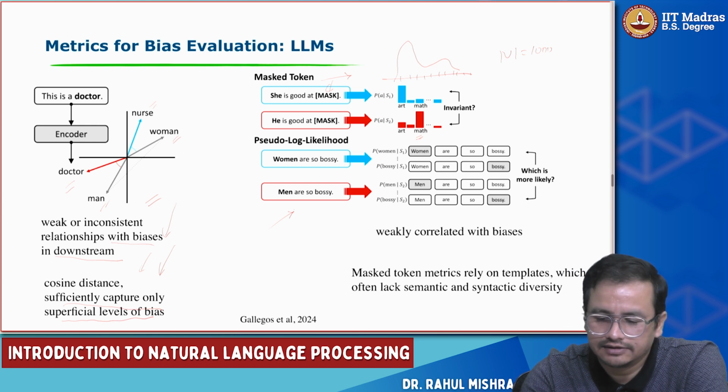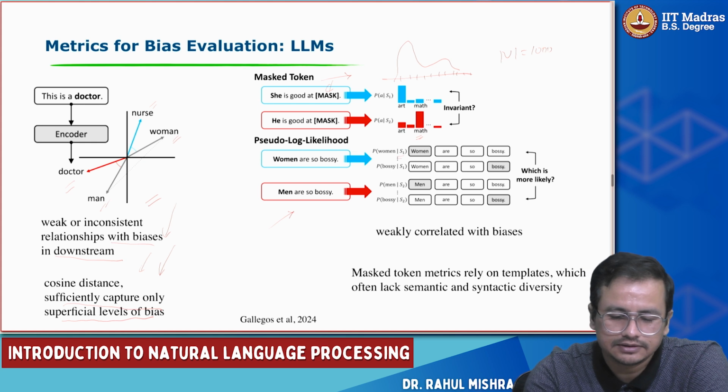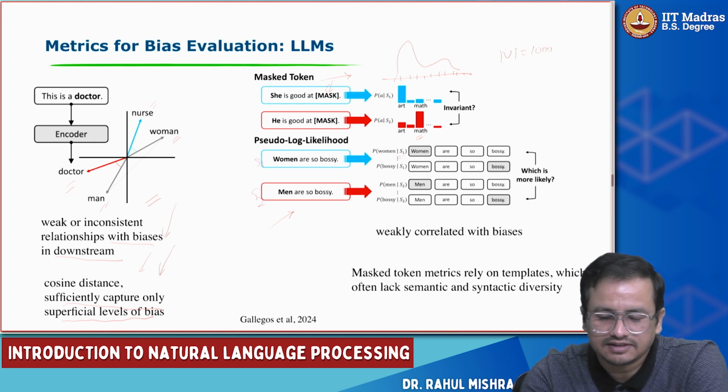So what does it mean? "Women are so bossy", you give this to the model and it will compute a conditional probability. Let's say this is S1 and this is S2. Given the sentence S1, what is the probability of choosing woman?